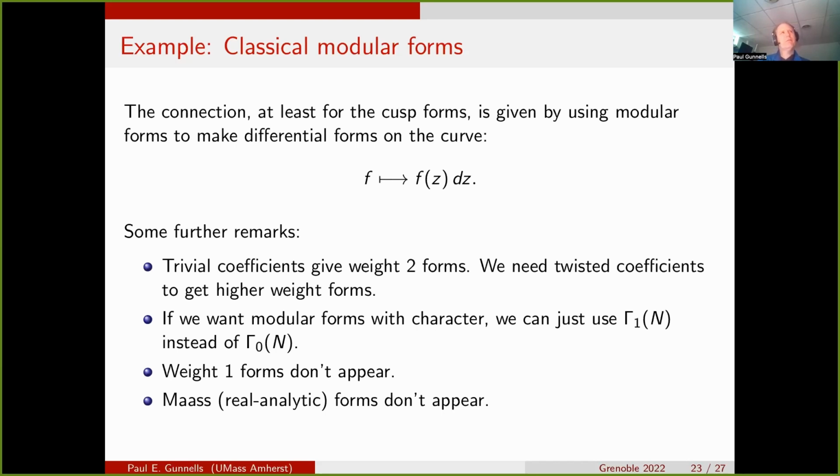For example, weight 1 forms are part of the ring of modular forms of all weights. If you have a weight 1 modular form and you multiply it by a weight k form, you'll produce a weight k plus 1 modular form. So you can see that weight 1 form using that k plus 1 form and the k form. Those are cohomological, so there's going to be some shadow of the weight 1 forms appearing in there.